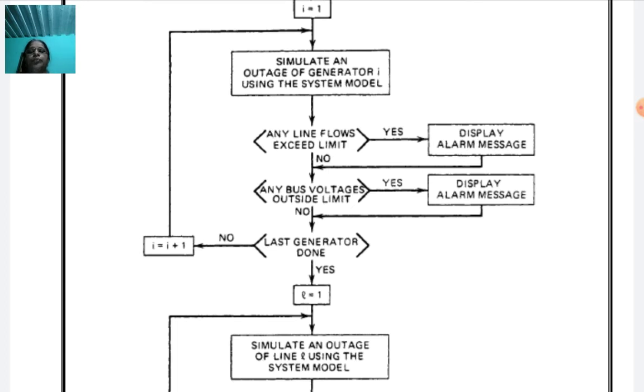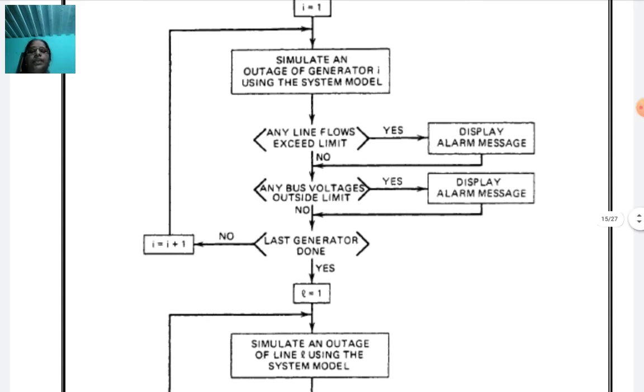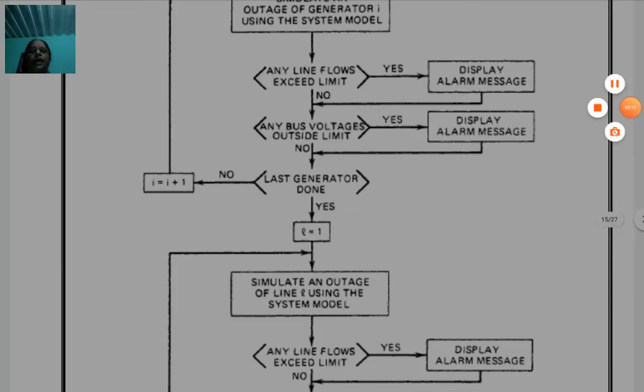So this loop goes on for checking the generator outages until the last generator is reached. Then the second one is the line outages.